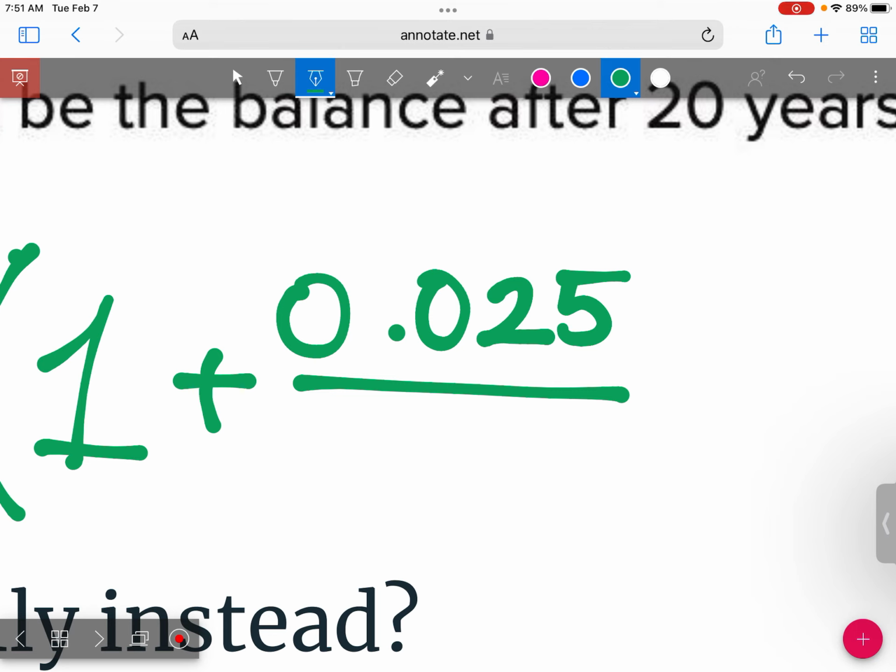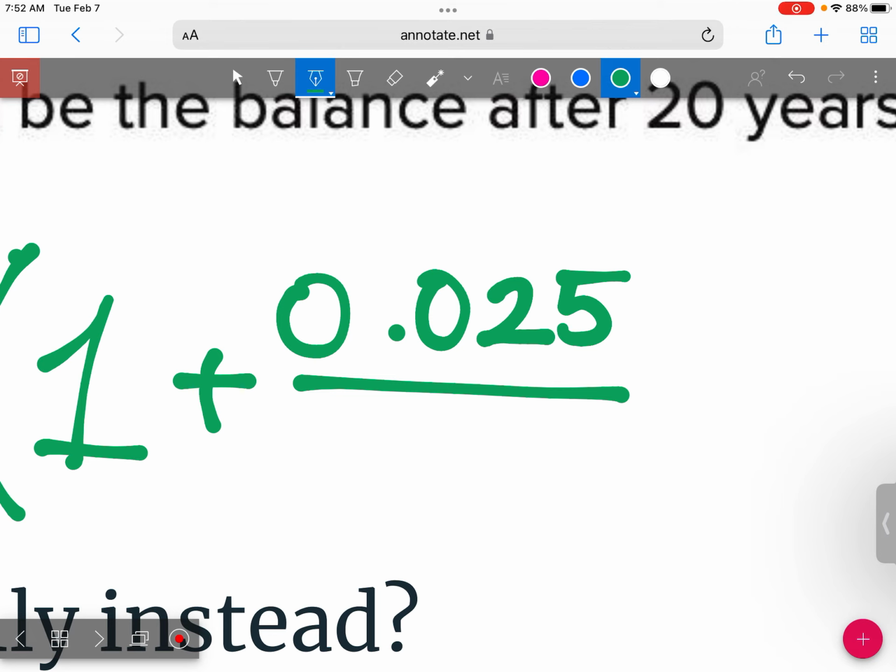What is our n? Since it's compounded quarterly, do you do 12 times 3? Not 12 times 3.